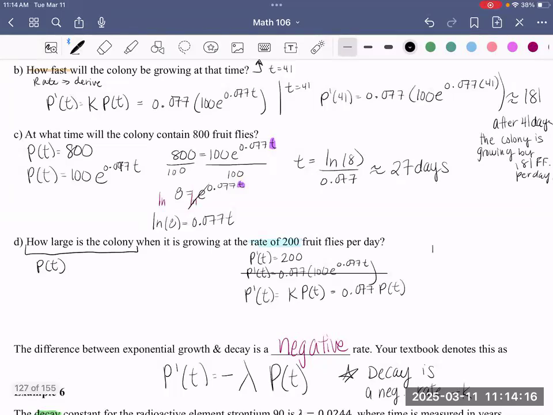This is your derivative, right? We have this one here and this one here. We can set them equal to one another. 200 is equal to 0.077 P of t. And now we can go ahead and solve for P of t by doing some sort of quick division.